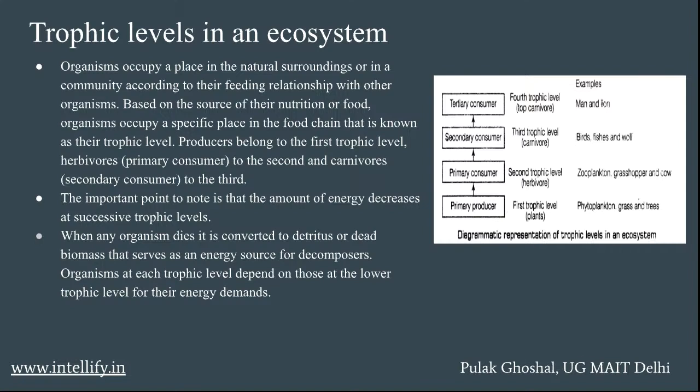Then the phytoplankton, grass, trees are the primary producers. This is not provided in the diagram, but if any organism dies, it will also form part of the detritus cycle, and dead biomass serves as an energy source for decomposers.